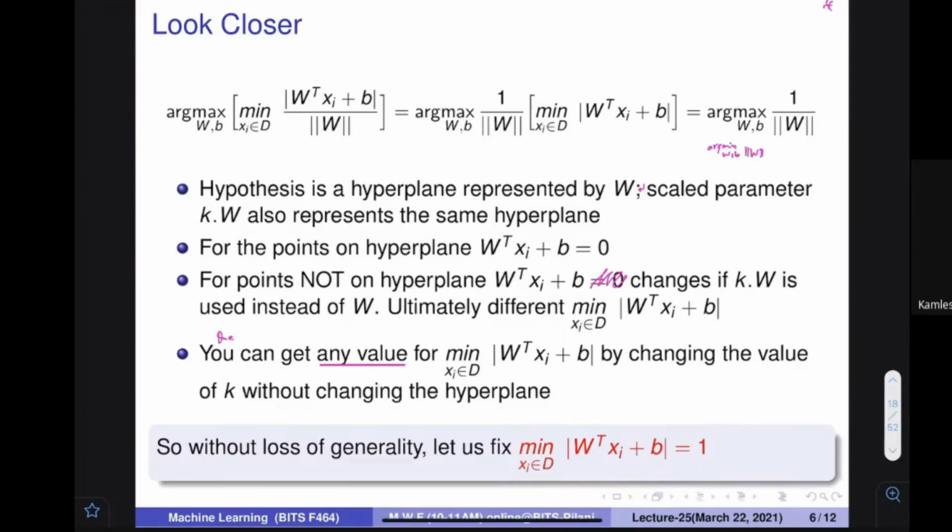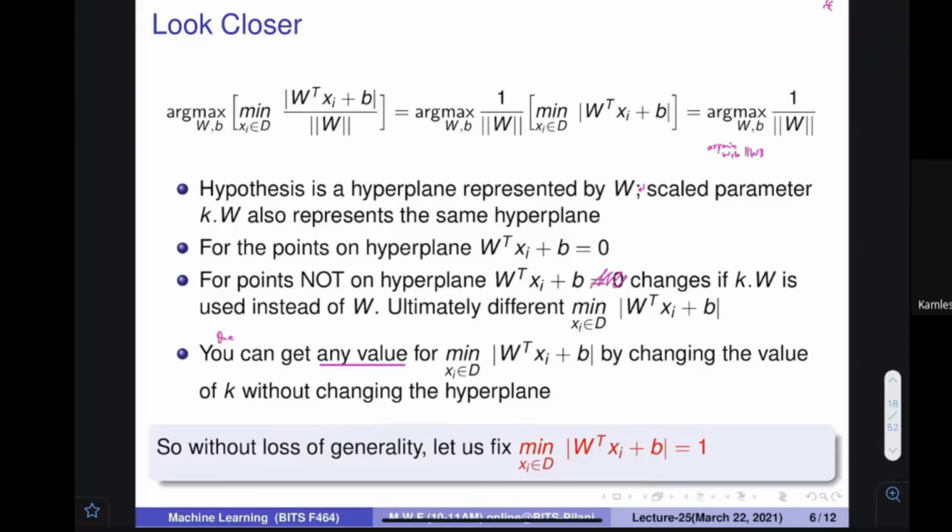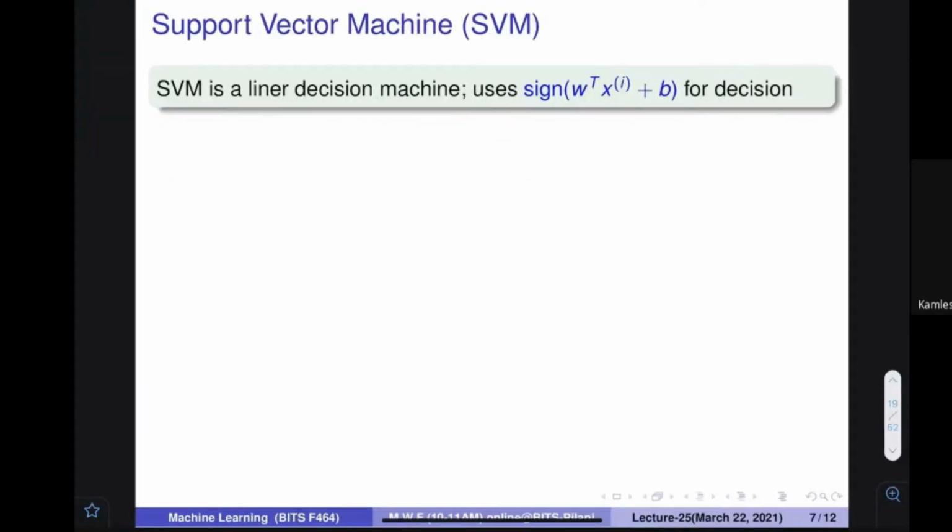This is only coming because of the fact that we discussed a few minutes back: if we are free to change the W's, then we can change this particular quantity to whatever value we want, because we have a multiplying factor, and therefore we can reduce this value. All right. So now we know what we actually want.